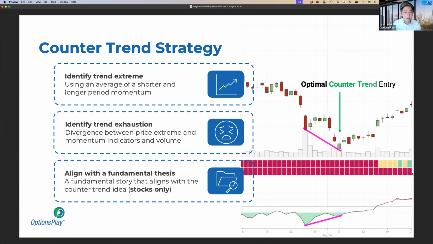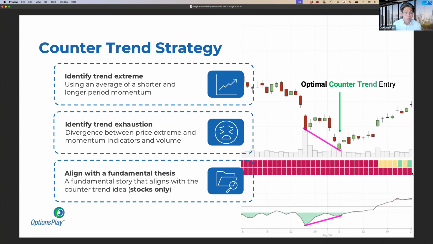Like I said, if you try any of those types of strategies, you find there are tons of false signals. So I have found that you get a much better success rate when you average out a short and long-term momentum indicator. I typically use the same one, like RSI. For example, a 10-period and 40-period. You take the 10-period RSI and the 40-period RSI, and you just average the two out.